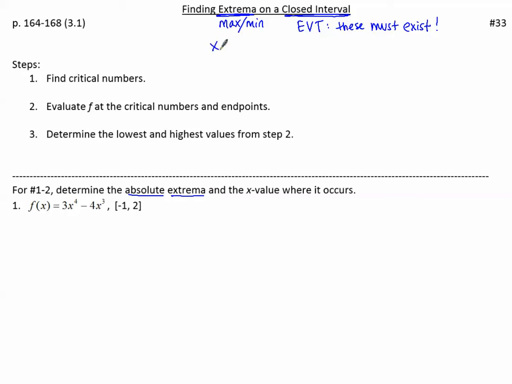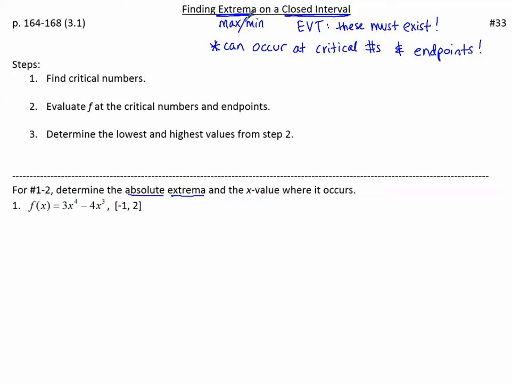Remember that maxes and mins can occur at critical numbers and at endpoints, like we saw earlier in the graph. So if we're not looking at a graph, but rather we're given a function, how do we find these extreme values?